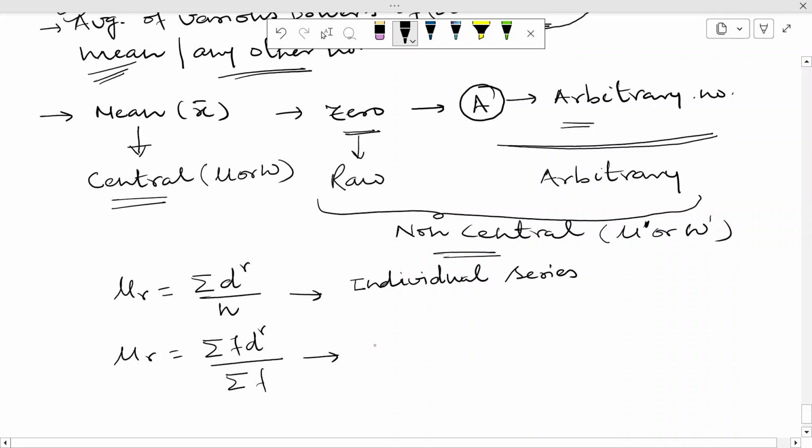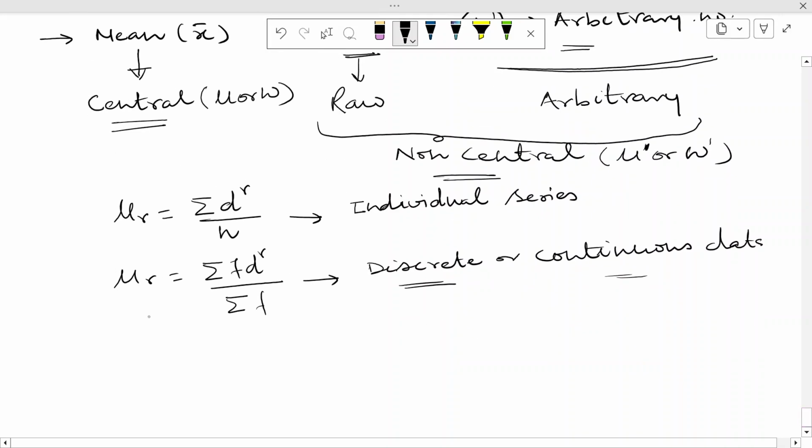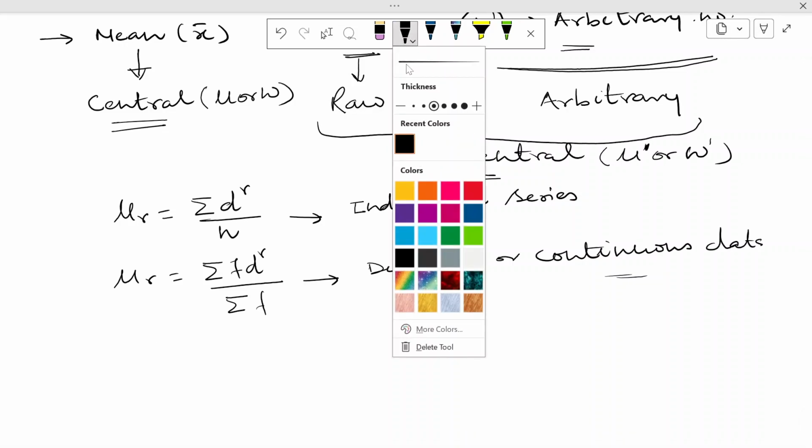So in the case of discrete or continuous data, you can use summation f d^r over summation f. Now you can see that in general we need 4 moments, so you can write the formula of the 4 moments separately.